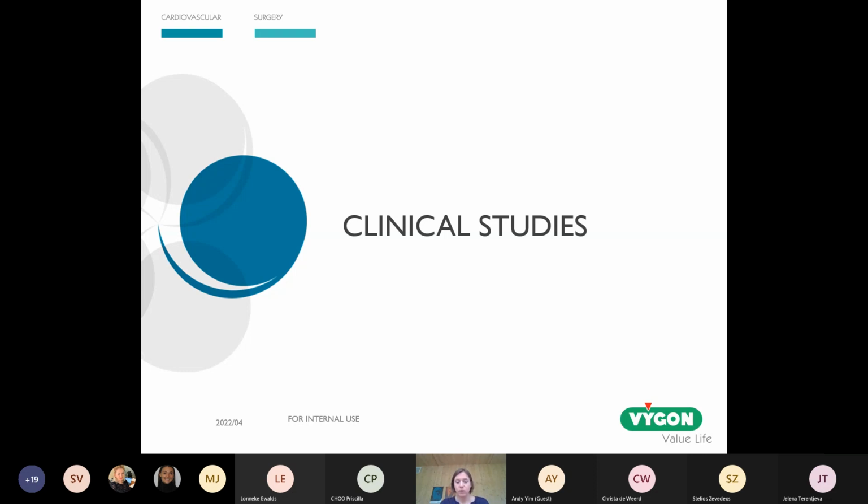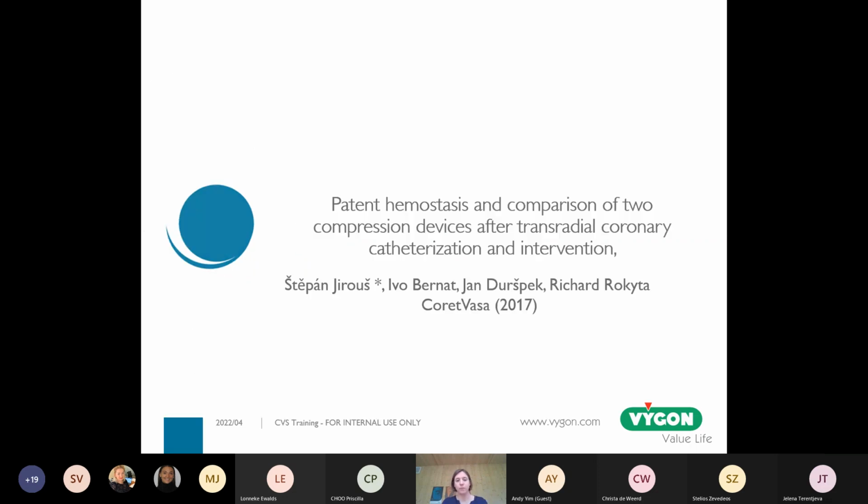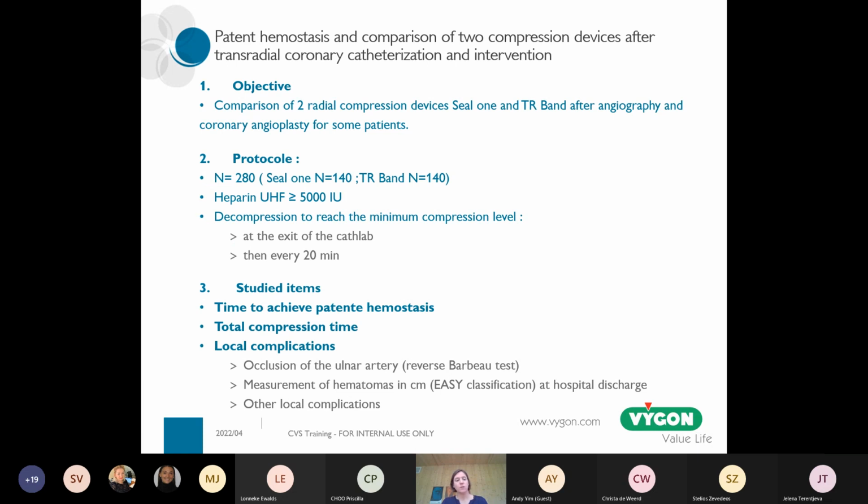They are studies very independent from hospitals, so we are very happy about that. I will summarize 4 studies just now to show you that SIL1 is very much used by doctors and has very good results. So first, we have a clinical study.